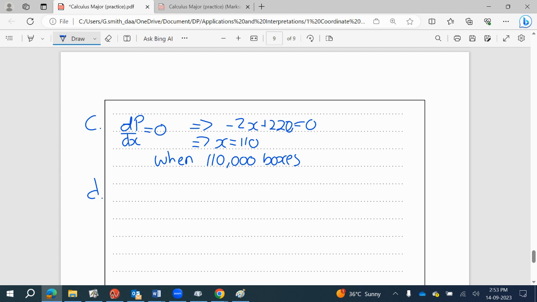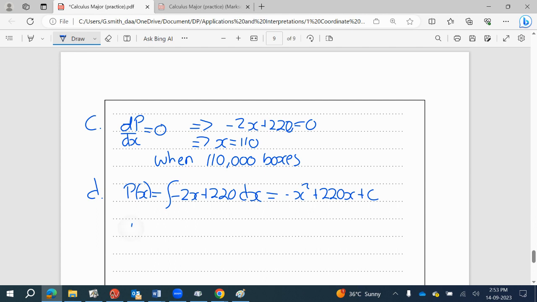So what we want to do for this one is find the integral of minus 2x plus 220 dx, which will give us minus x squared plus 220x plus c.